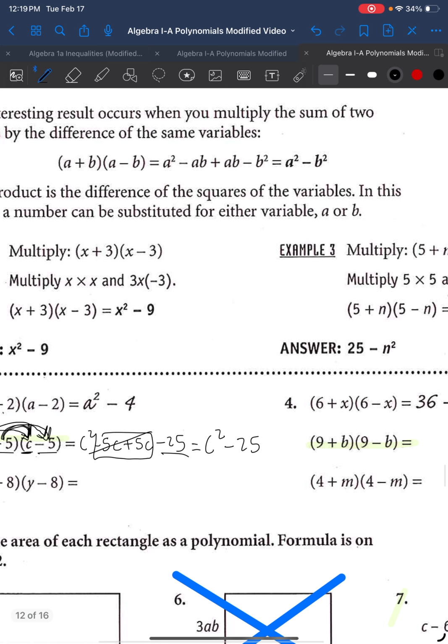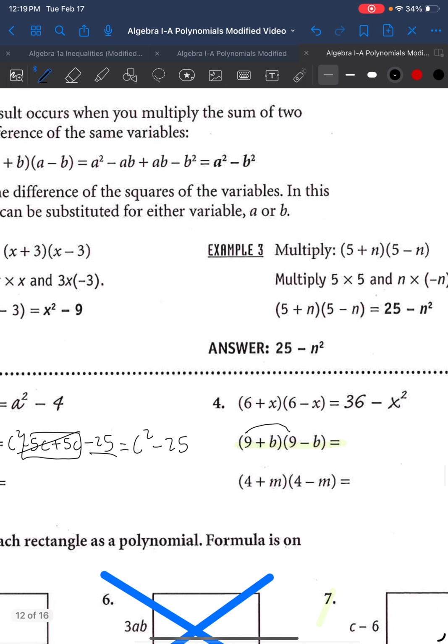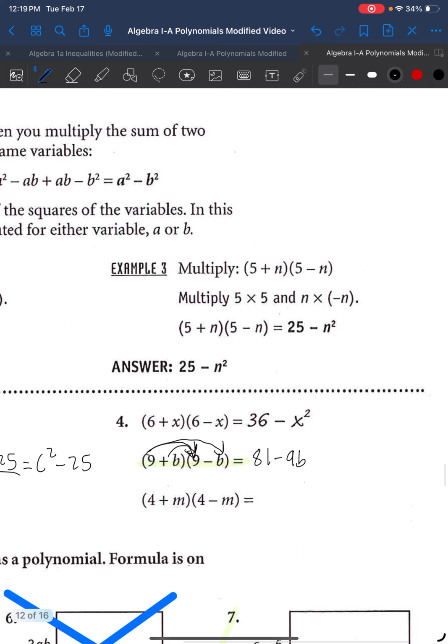So here we go. It's going to be the same thing on this one. So 9 times 9 is 81. 9 times negative b is negative 9b. B times 9 is positive 9b. And b times negative b is negative b squared.